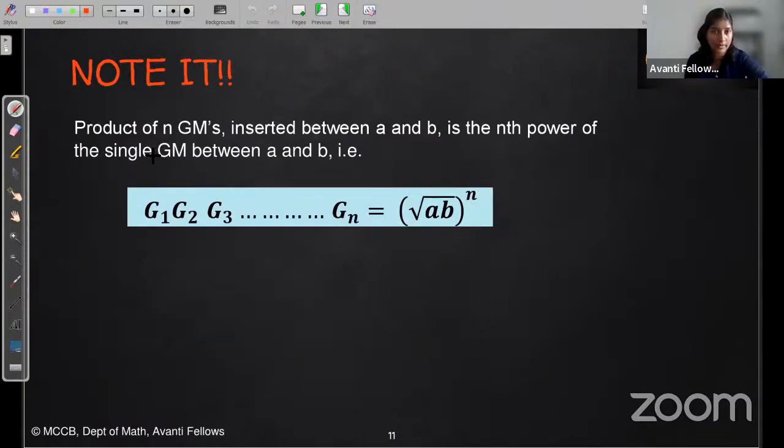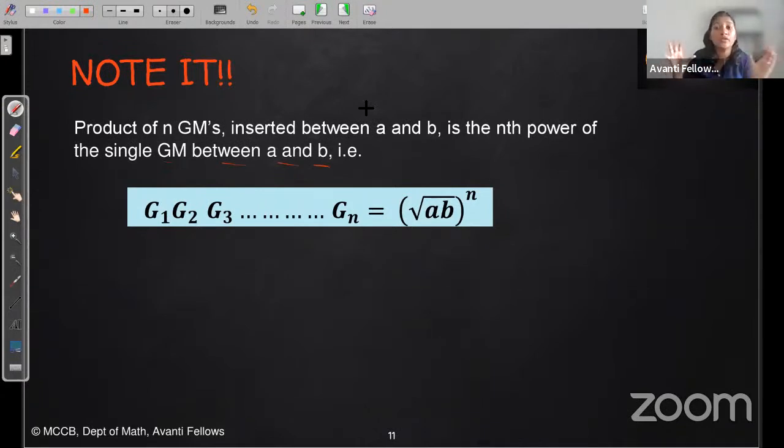So next is the note point. What does it state? The note point states that the product of n geometric means inserted between A and B is the nth power of the single geometric mean between A and B. Between A and B, we have n geometric means, that is G1, G2, and so on up to Gn.